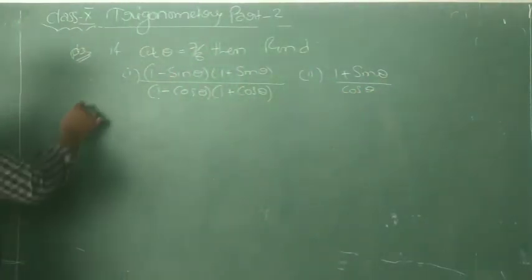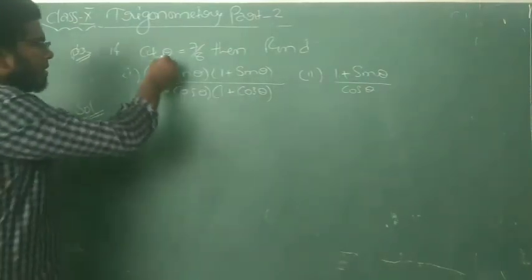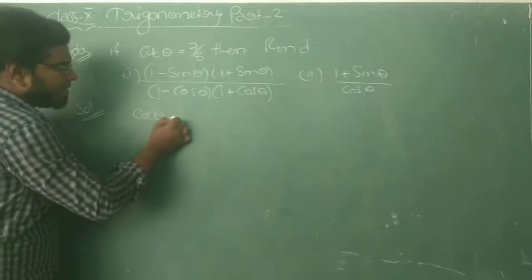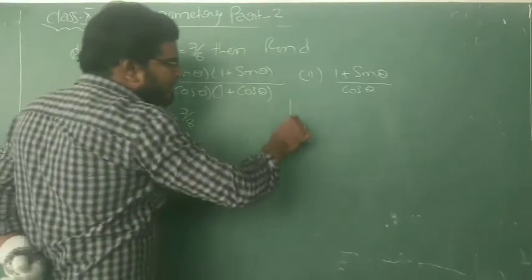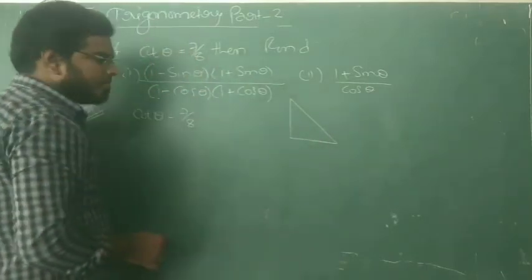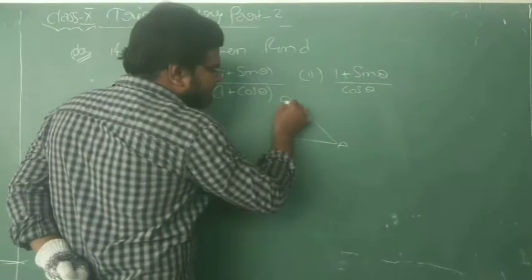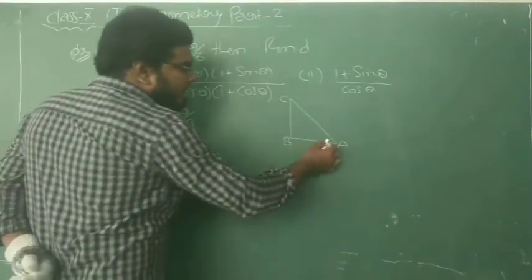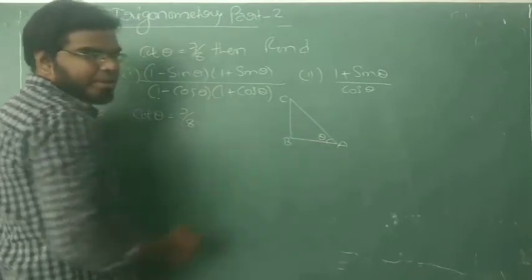Now listen. First, what we have here is theta, no problem. Now I am writing here cot theta. Given that cot theta is equal to 7 by 8, according to this, draw a right angle triangle and here the theta. You can take anything, A, B, C, no problem. And here we have the acute angle, opposite, adjacent, hypotenuse.